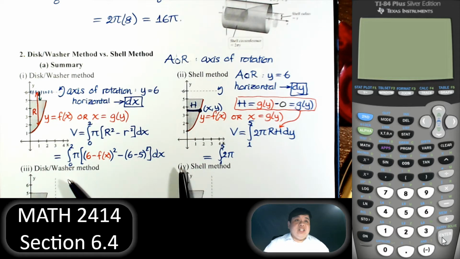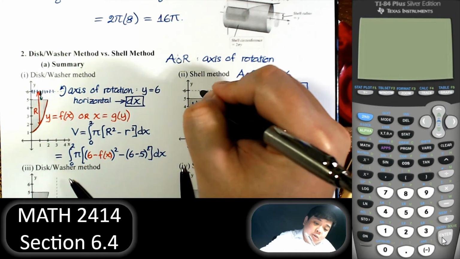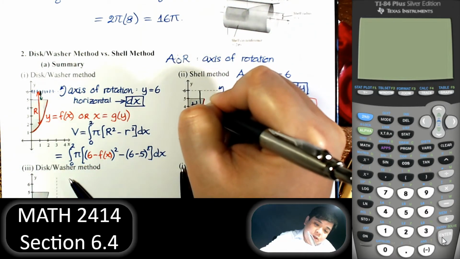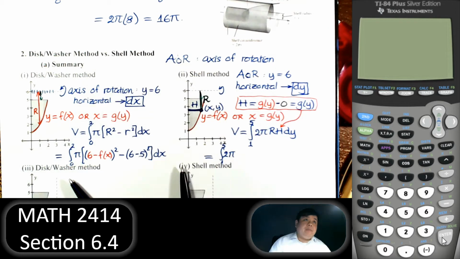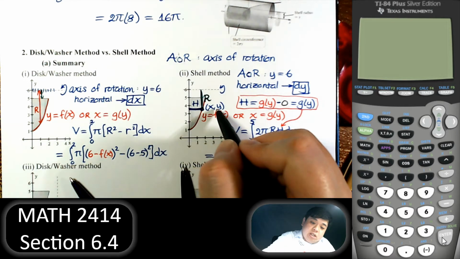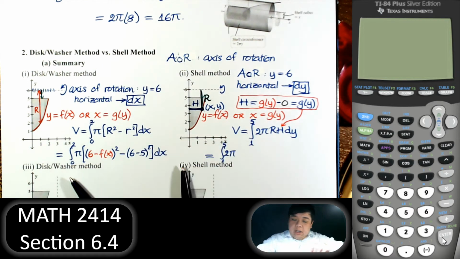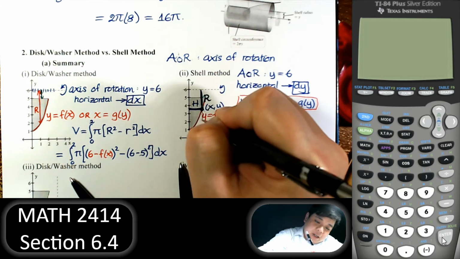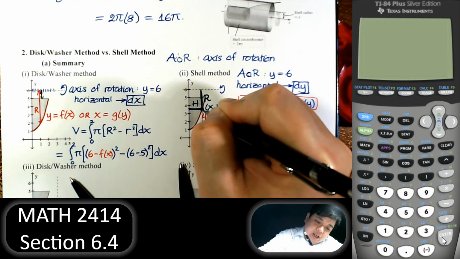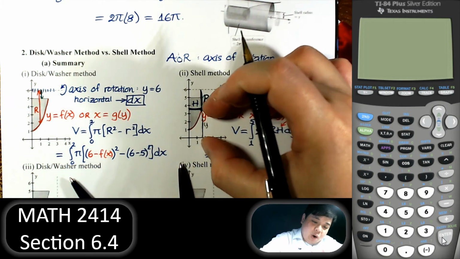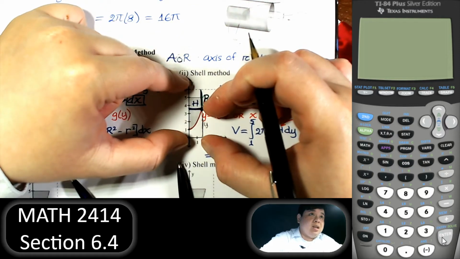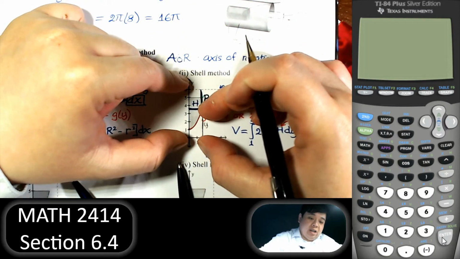Now, determine the radius. The radius is from the axis of rotation to that point. How do we determine the radius? Notice that the coordinate of that point is x and y, so this is going to be y, and this is going to be x. If this is y, the whole distance is 6, so 6 minus y is going to be r.